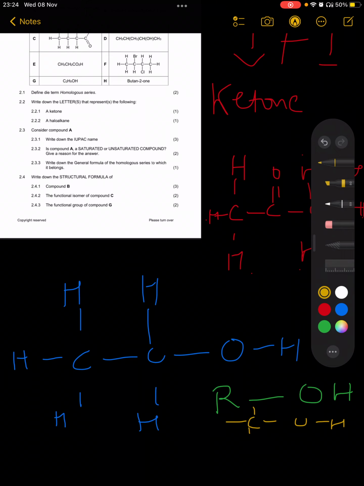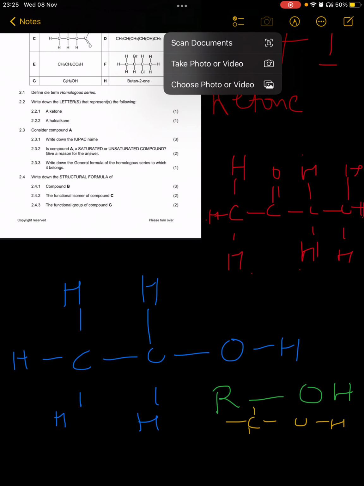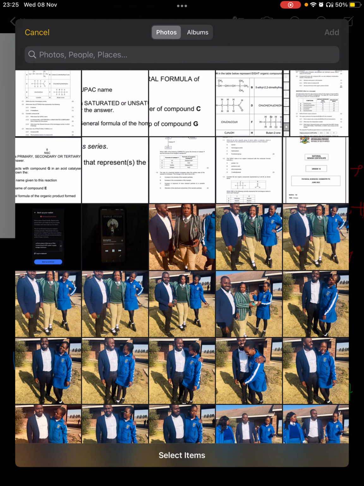Now, I think we need to check our question if it's finishing. That will be 2.4. Then 2.5. There's 2.5. That will be page number 8.